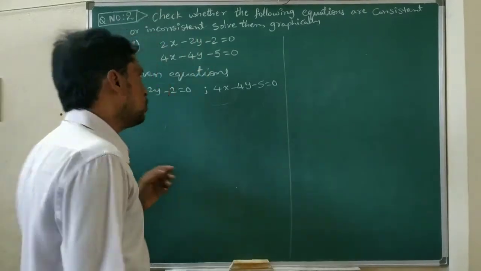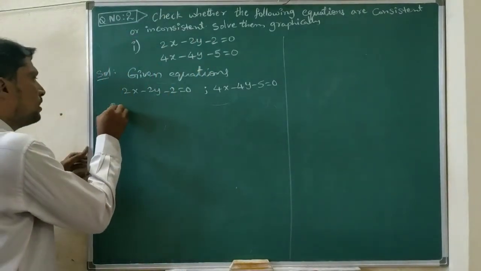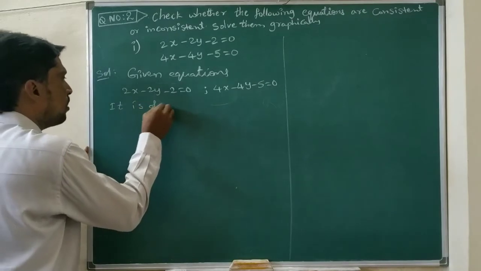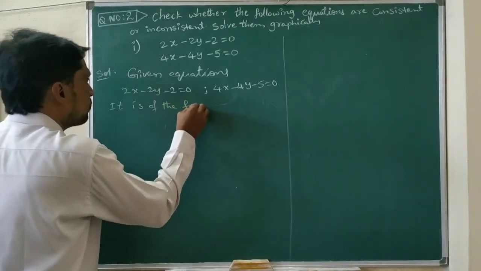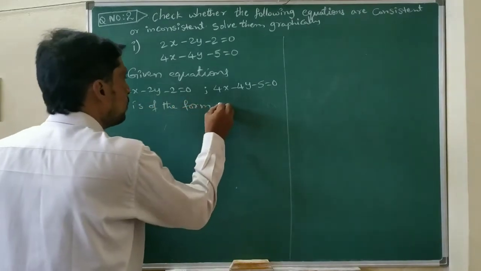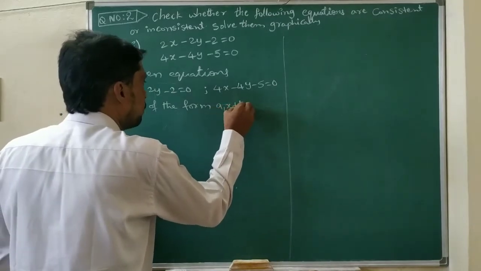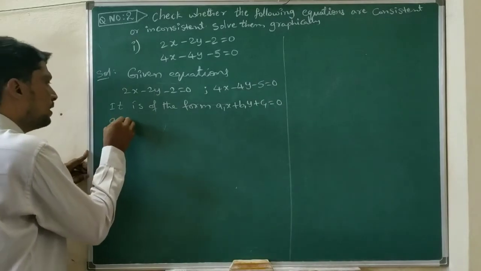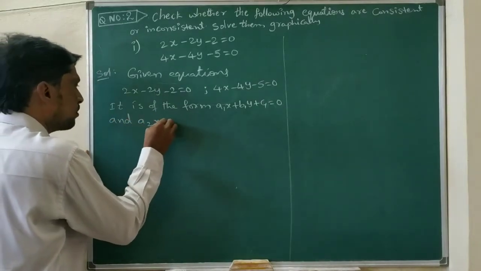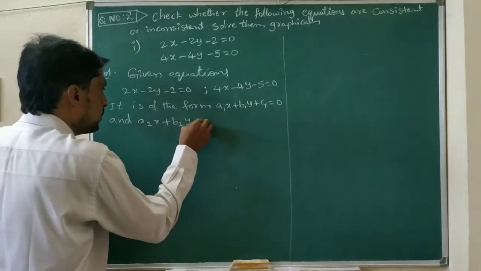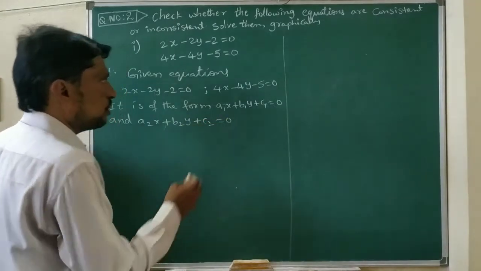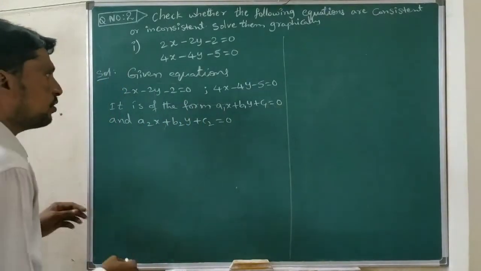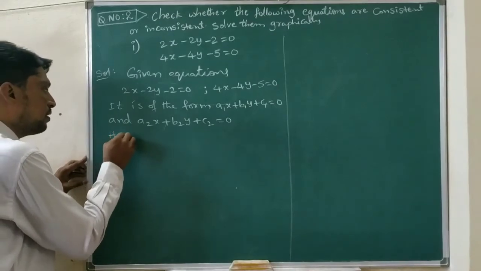So write down here, it is of the form a1x plus b1y plus c1 equal 0 and a2x plus b2y plus c2 equal 0. So here you can find out what a1, b1, c1 are.